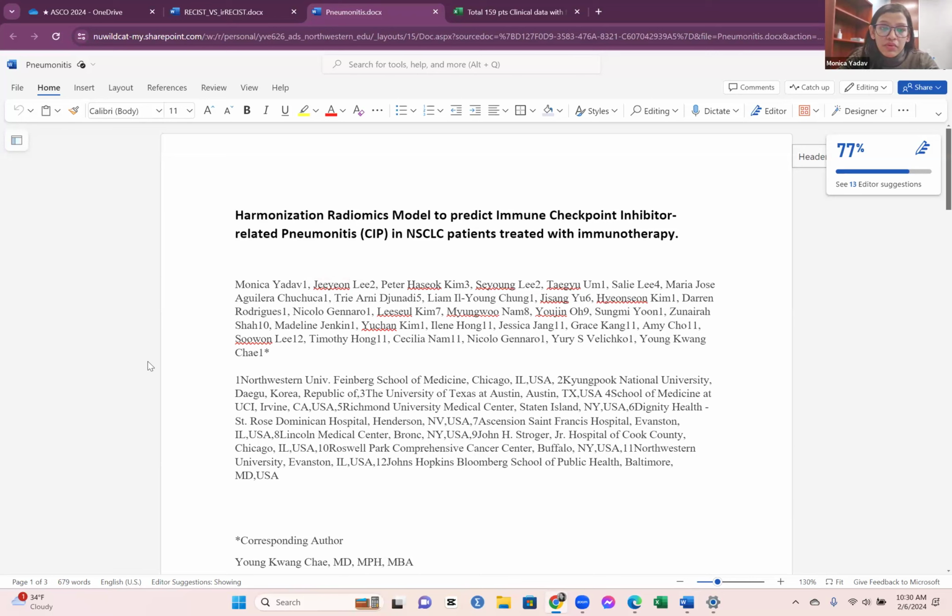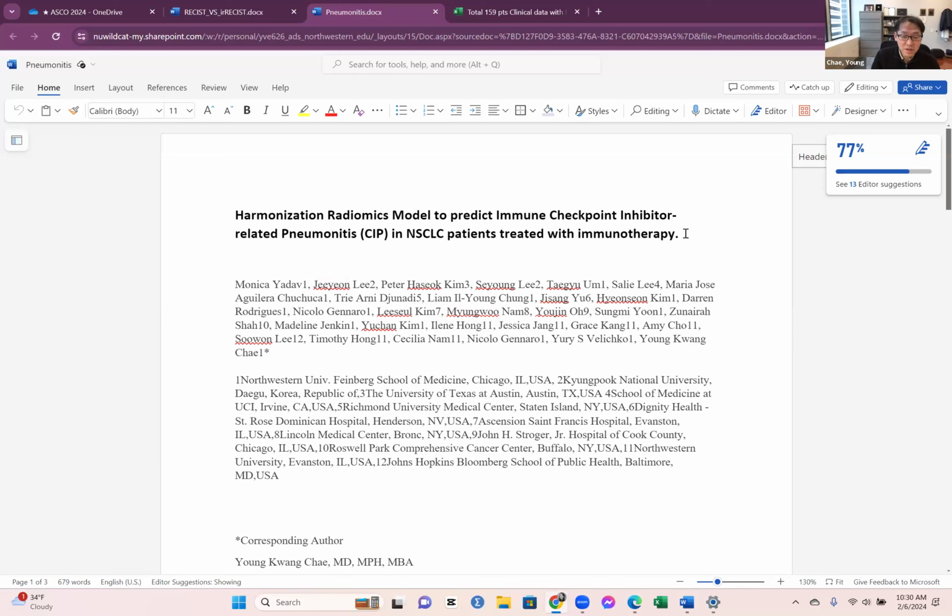For the other one, we did change the title, but for this one, the abstract's kind of the same. I mean, not the same, but it's similar. So we haven't come up with any new title for this one. So I'll say in patients with non-small cell lung cancer, period, in the title.